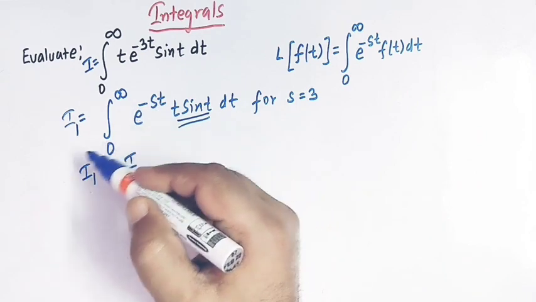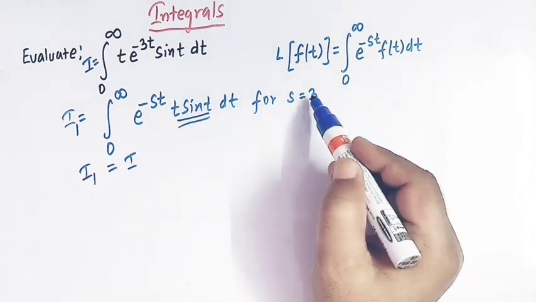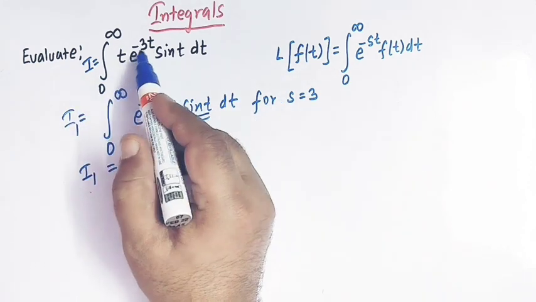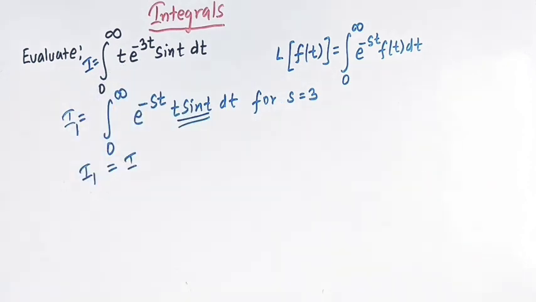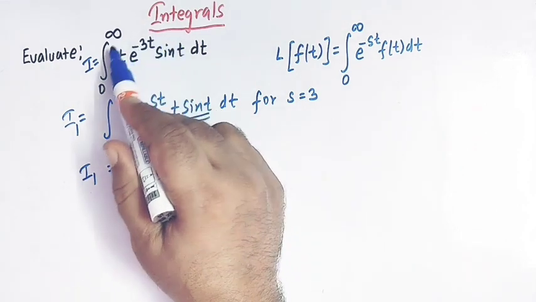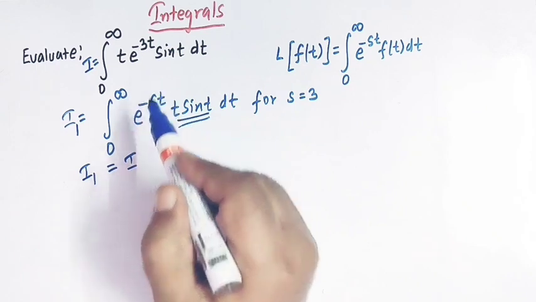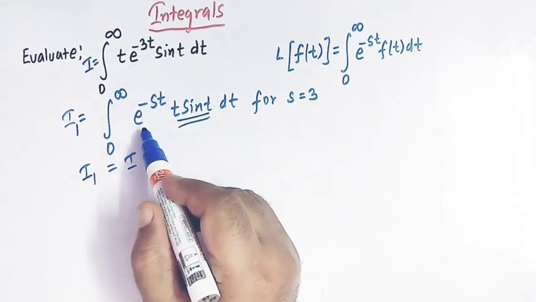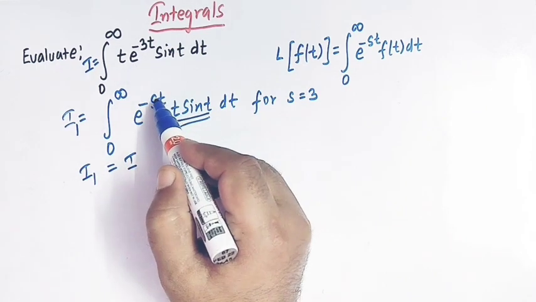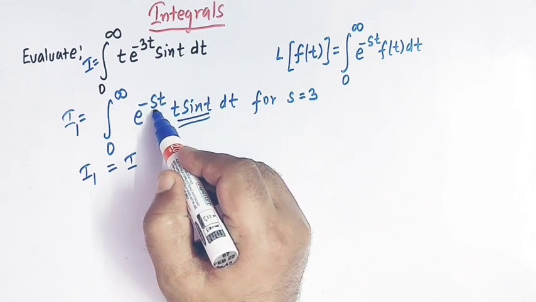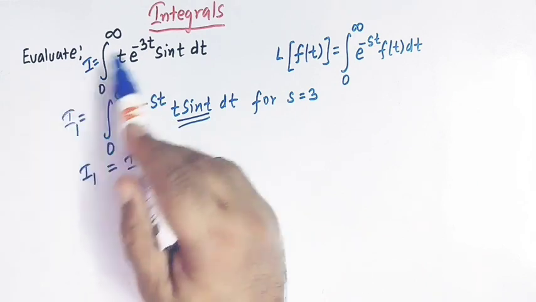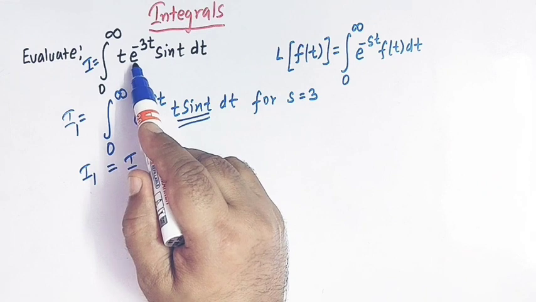And if we take the particular value of s as 3, then I1 reduces to our original integral I, right? So whenever we solve these type of integrals, we always write the integral in this form, right? So we introduce a parameter s in the given integral I, right?